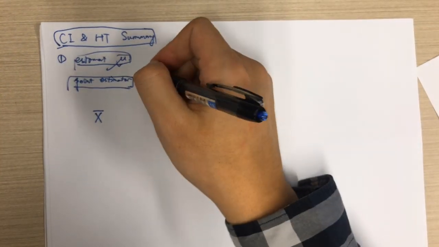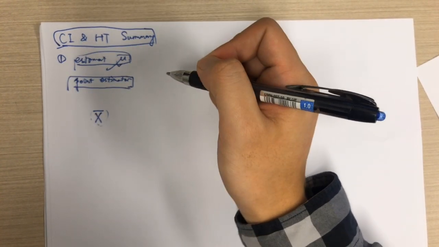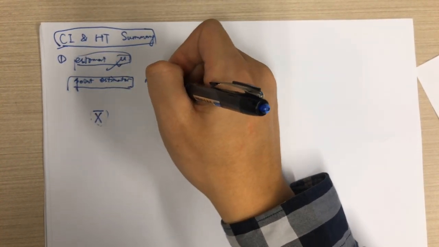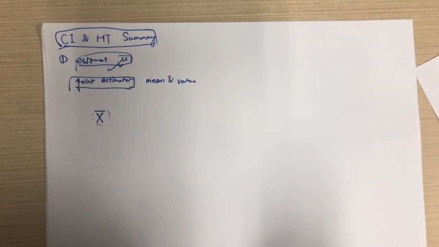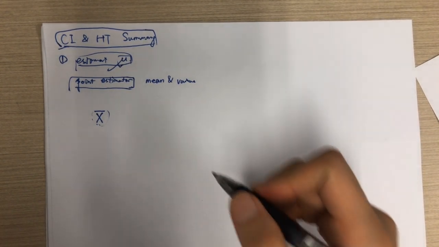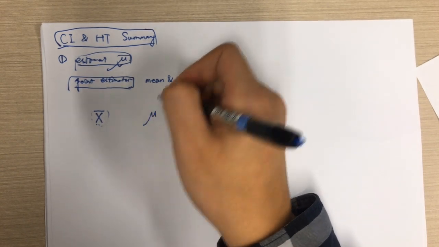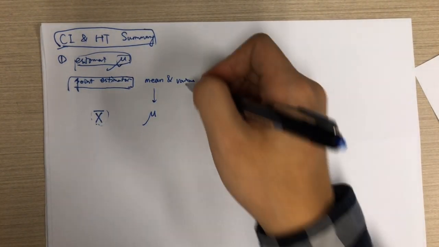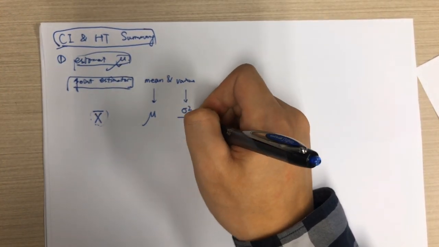Now, for this point estimator, it must have its own distribution. So you also need to know the mean and variance of X bar. The mean of X bar is always mu, and the variance of X bar is sigma squared divided by n.